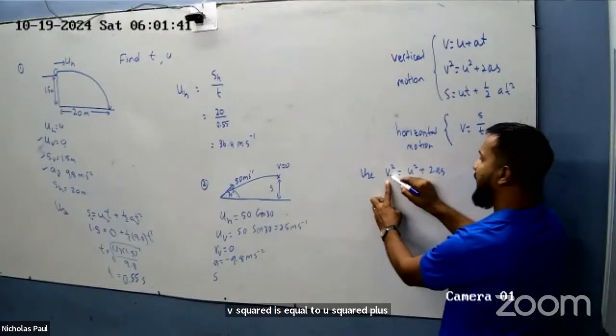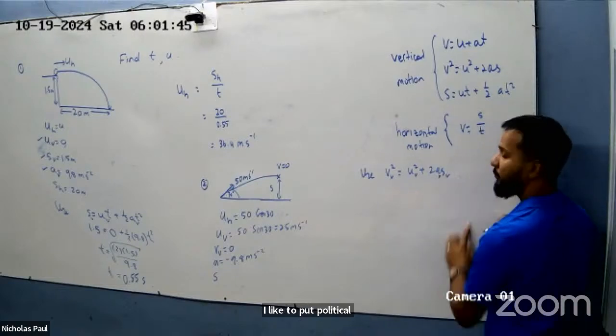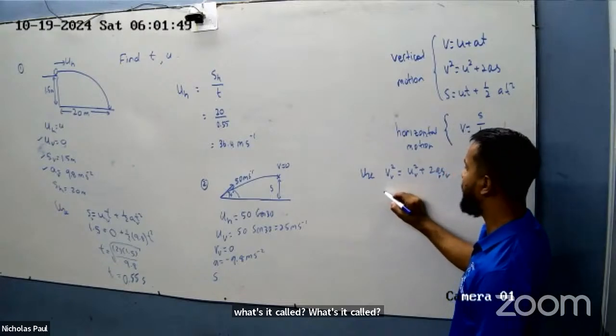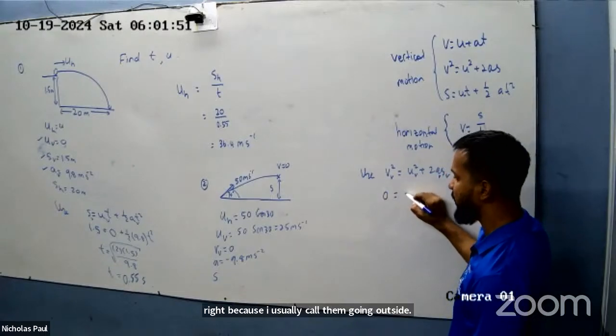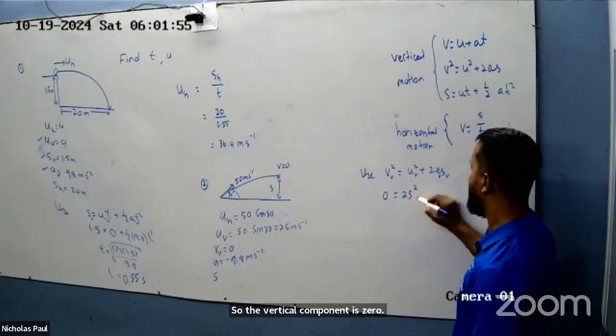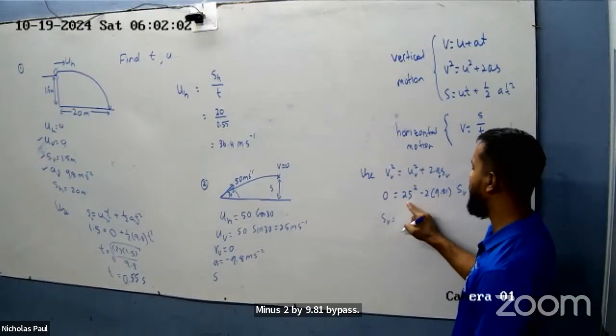Again, I like to put vertical, vertical, vertical, vertical, because I'm using the vertical components, right? So the final vertical component is 0, the initial is 25, minus 2 by 9.81 by S. Make S the subject of the formula.